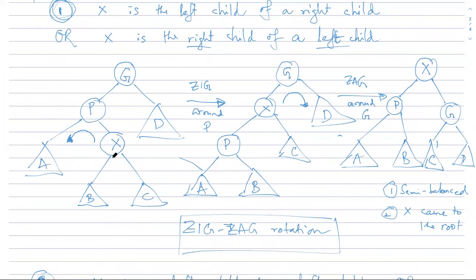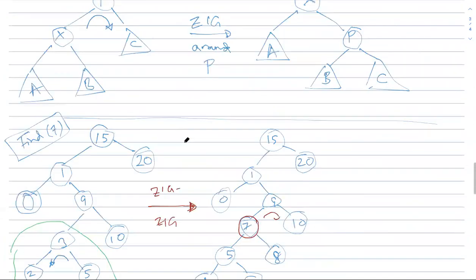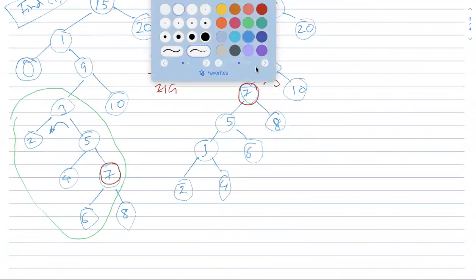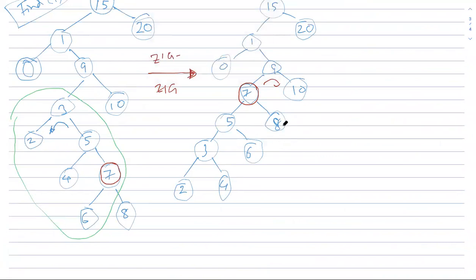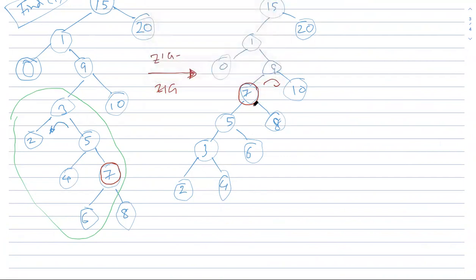So you see what happens is that X is supposed to come to the root level, right? And P will become the left child and G will become the right child, right? So we try to apply the same thing in one step instead of taking the baby step of doing the parent rotation first and then the child rotation. So the region of interest here at this moment is 7. So we are looking at this subtree.